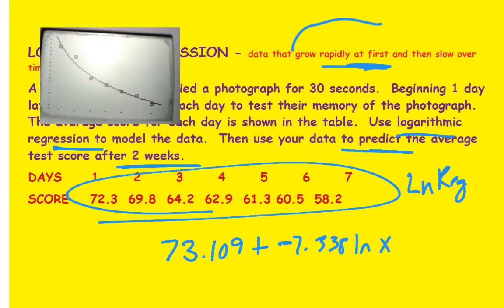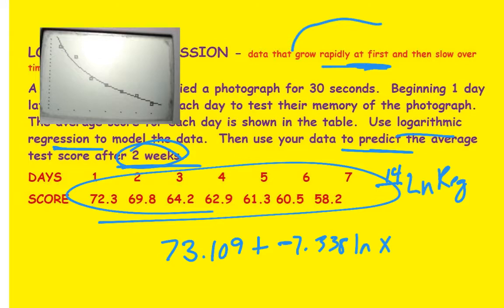I know you've done some regression equations in the past, so hopefully you remember. If not, just go through the steps, pick the correct one, and then we want to know what it's going to be after 2 weeks. So I'm not going to put in a 2. I'm going to have to put in a 14 because that's 2 weeks. But my window is not going to be right, so I need to go and change my x max to 14 because that's the data that I'm going to put in.